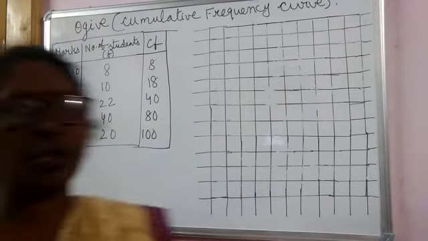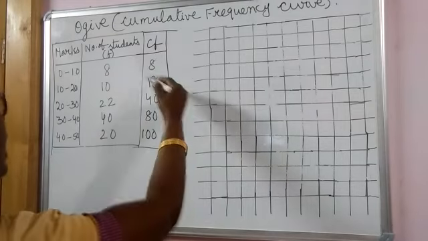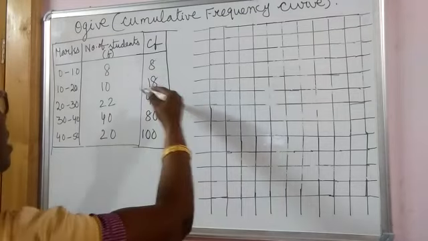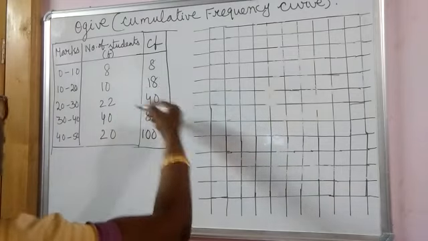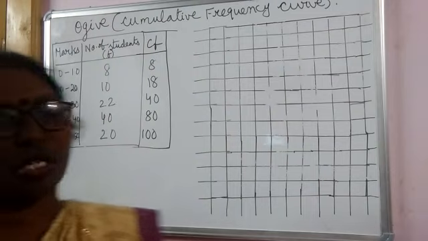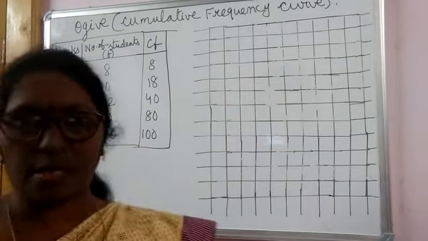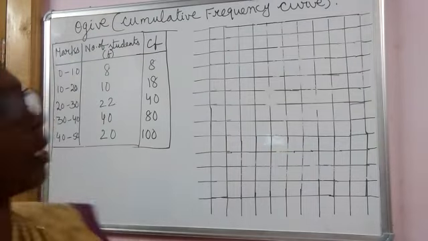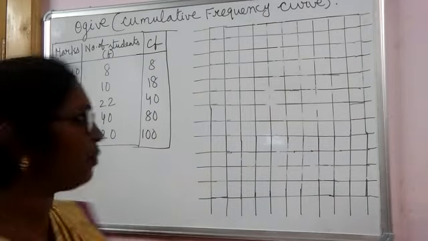The meaning of cumulative frequency is 18 students got below 20, 40 students got below 30, 80 students got below 40 and 100 students got below 50 marks. Now we found the cumulative frequency of each class interval.